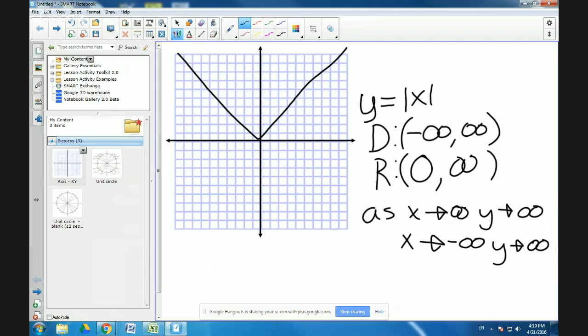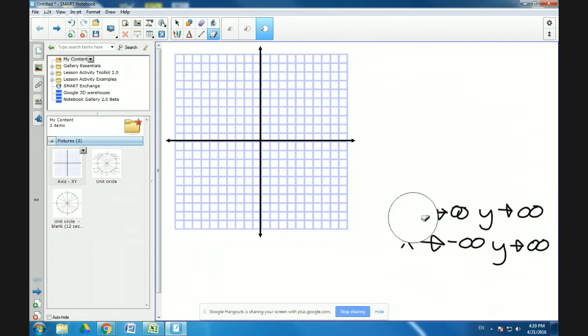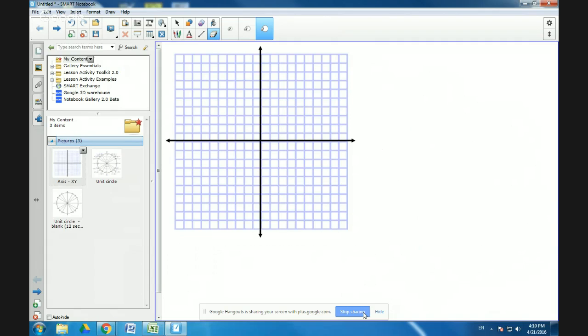All right, the next one we have is radicals. A radical function looks something like this.